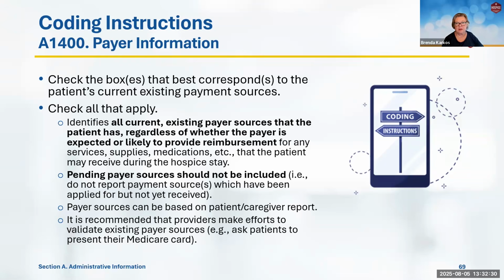Pending payer sources should not be included here. So you would not report payment sources that have been applied for, for example, someone that applied for a Medicaid application. Payer sources can be based on the patient or caregiver report, and providers should make every effort to validate these payer sources by asking to see their cards, for example, the Medicare or Medicaid card.